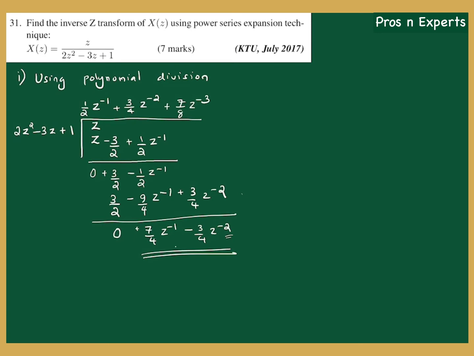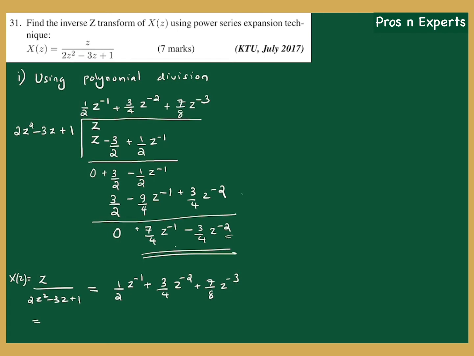Only 3 terms. So the question was X of z equal to z by 2z square minus 3z plus 1, which ended up as half z inverse plus 3 by 4 z inverse 2 plus 7 by 8 z inverse 3.